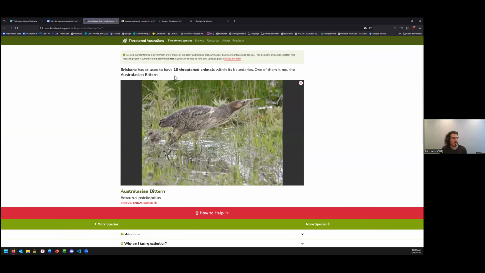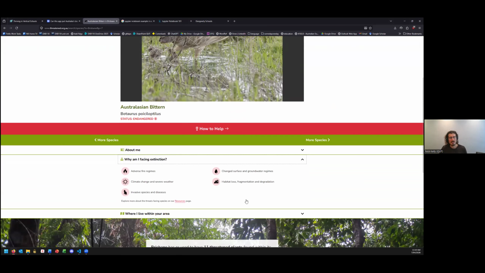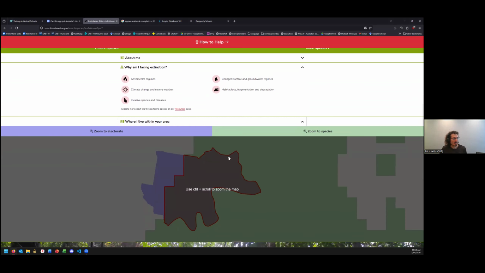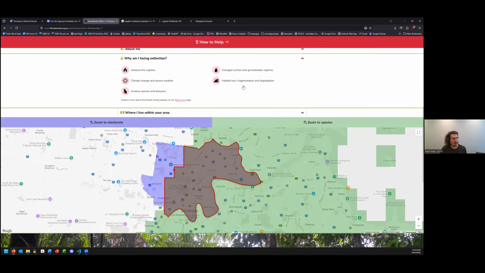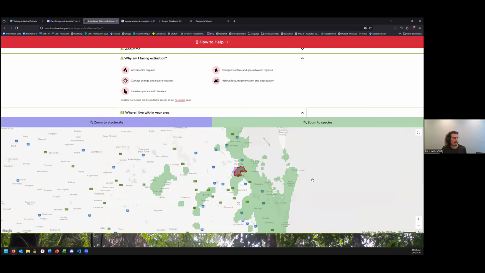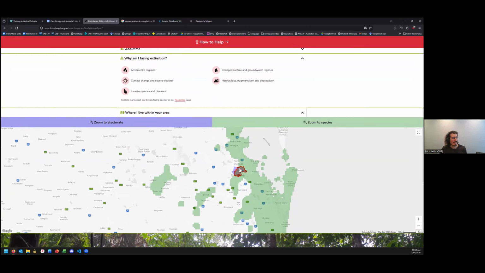But based on the data that's available in scientific data sets, we can see that there are actually threatened species in that suburb. Gareth was combining that data with the risks to threatened species, with the geographic data. So this is your electorate, and we can zoom out and see this for this particular species, the Australasian bittern, where it actually is, and that this electorate is in part of it.